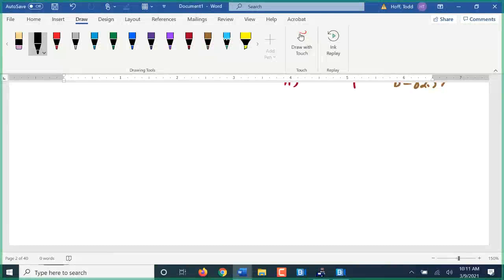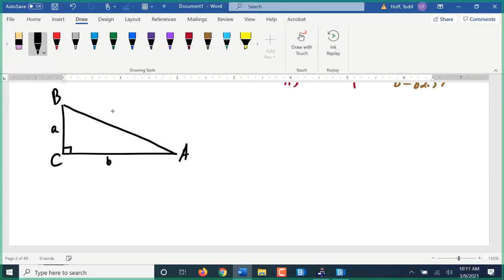I can go the other direction. If I am given one angle, let's say I'm told that this is 32 degrees, and let's go with side C being given here.